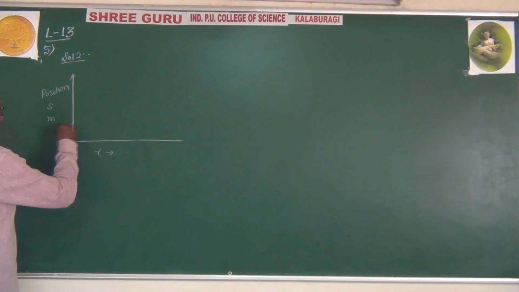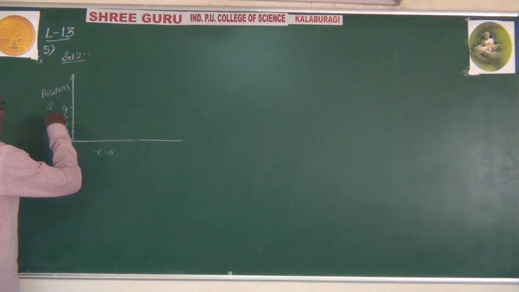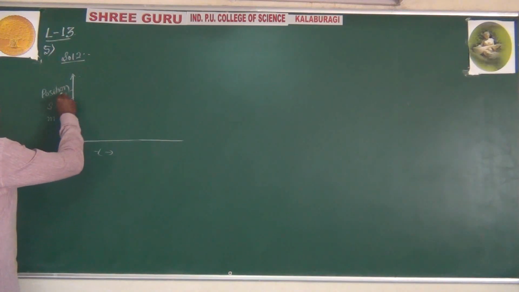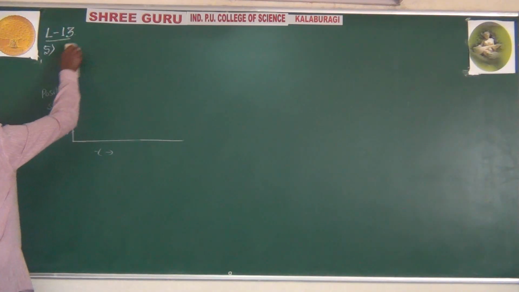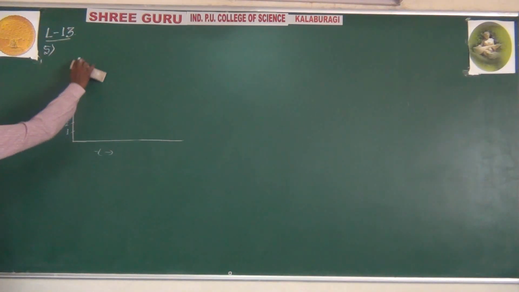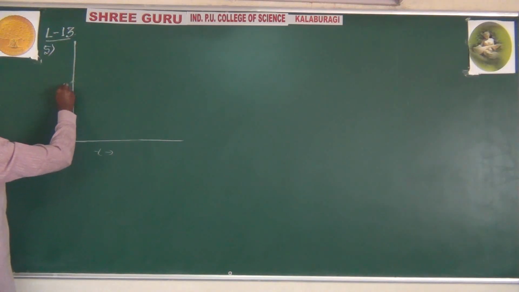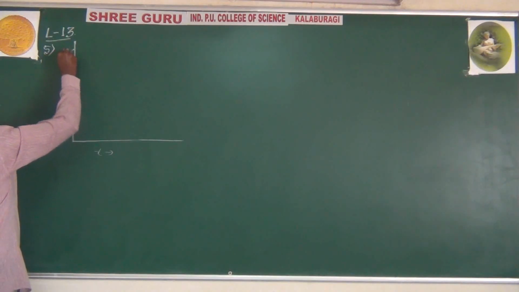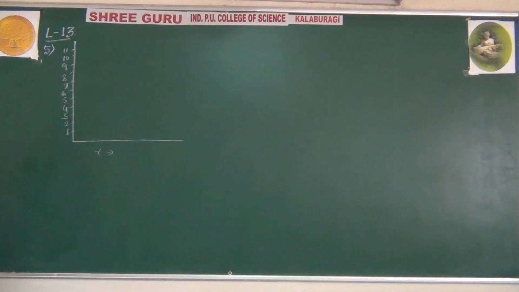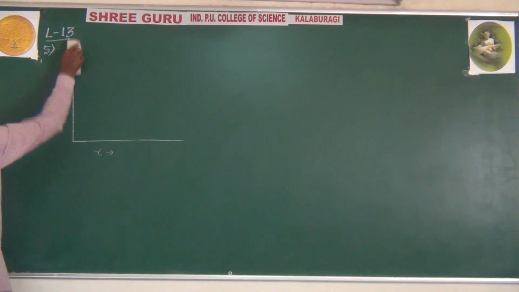This is 1 meter, this one is 2 meters, 3 meters, 4 meters, 5 meters, 6 meters, 7 meters, 8 meters, 9, 10, 11, 12, 13, total 13 meters. Let me change the scale arrangement.